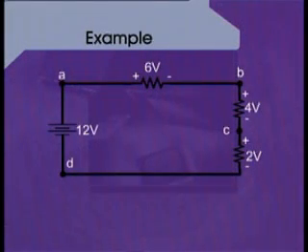The slide shows a resistive network consisting of 3 resistances and an independent voltage source having a value of 12 volts.